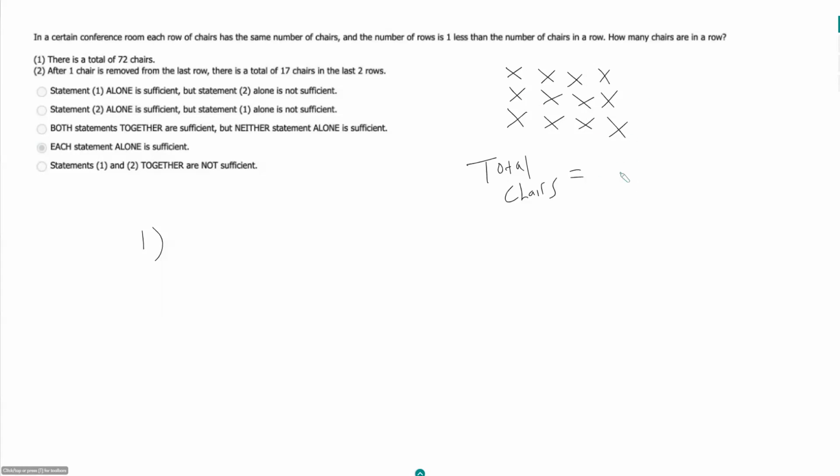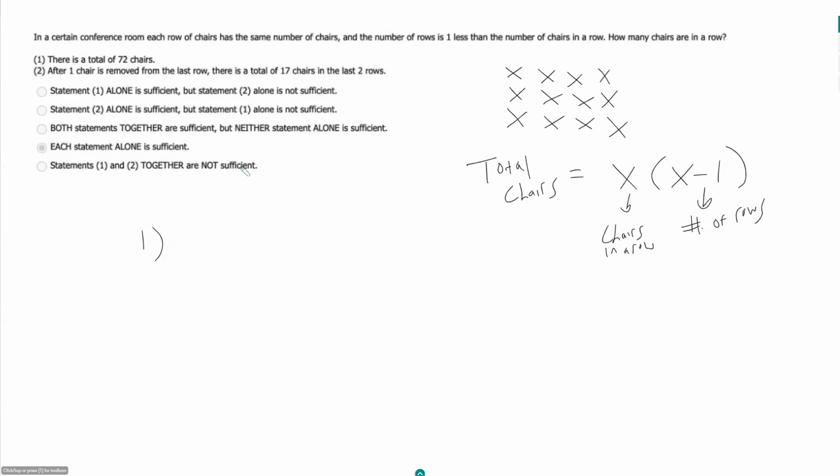And so we can think of that as being x times x minus 1, where x here is the chairs in a row, so that would be our 4, and this is our number of rows.